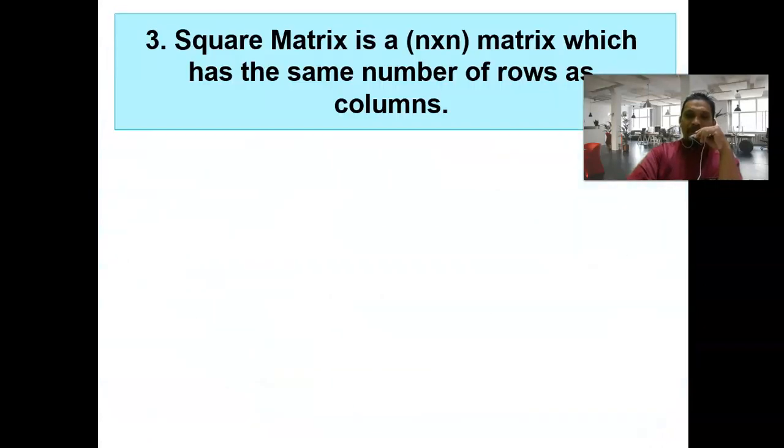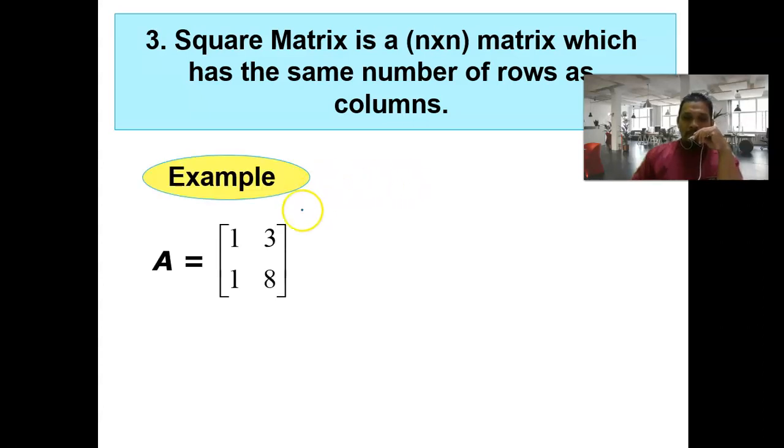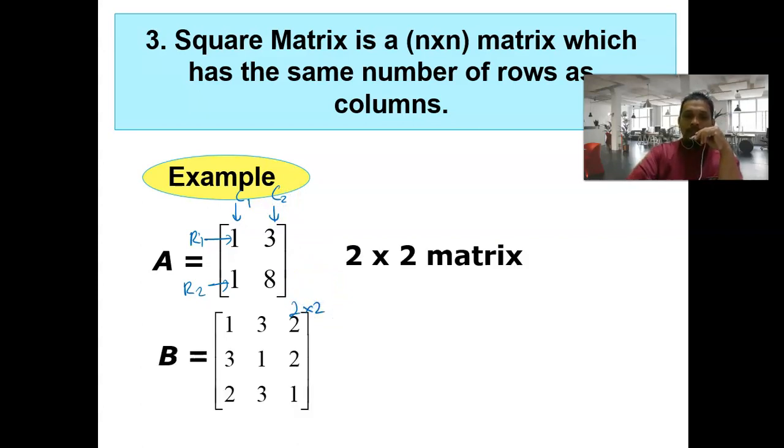A square matrix is an n times n matrix which has the same number of rows and columns. You can see here row 1 and row 2, and column 1 and column 2, with order 2 times 2. And here we also have a 3 times 3 matrix.